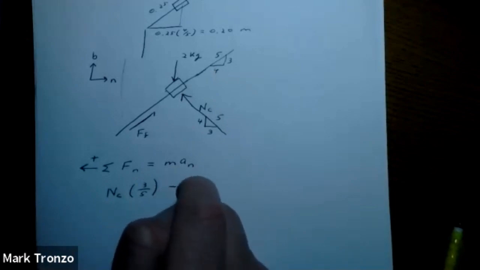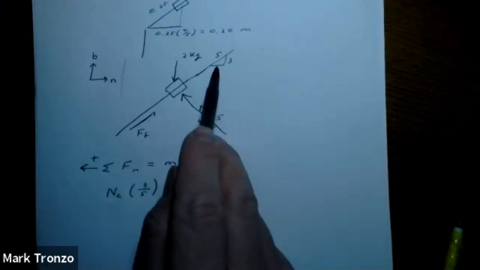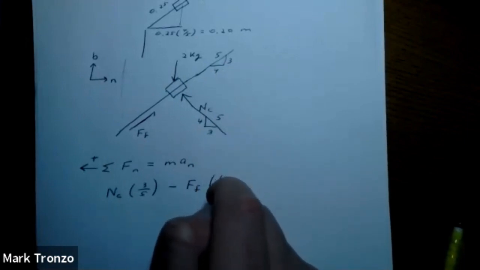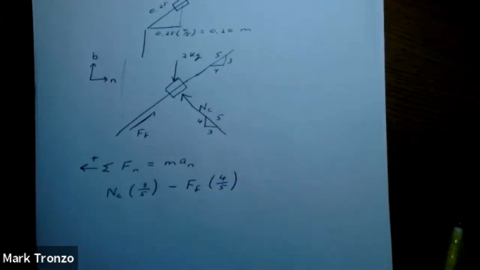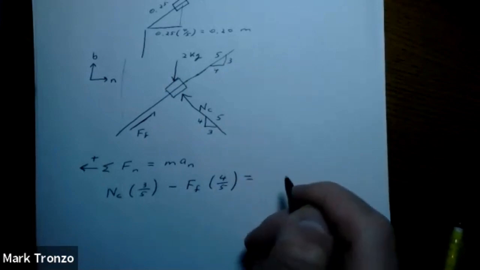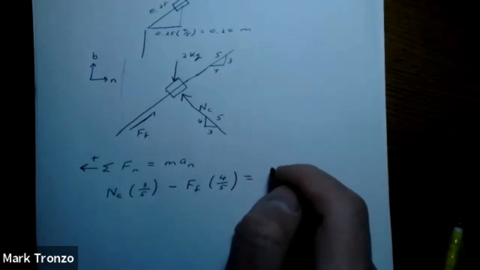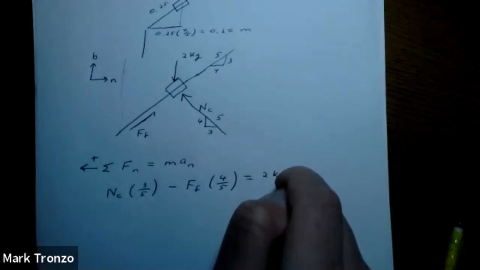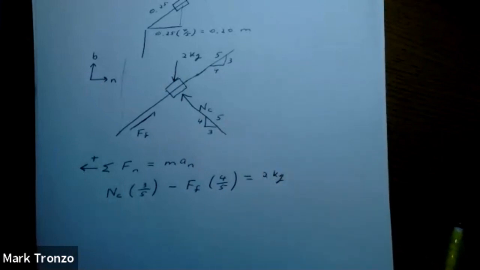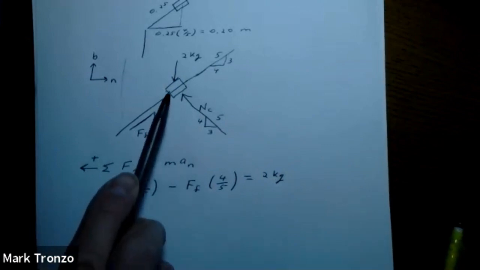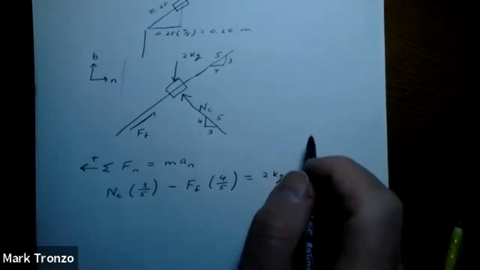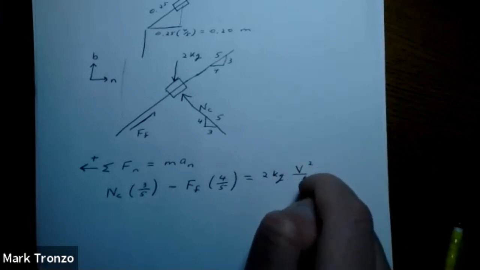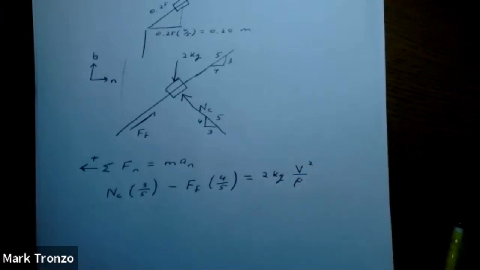So it's our friction force times 4/5. On the right-hand side, we have our mass, 2 kilograms, and the normal acceleration, remember, is always velocity squared over rho.